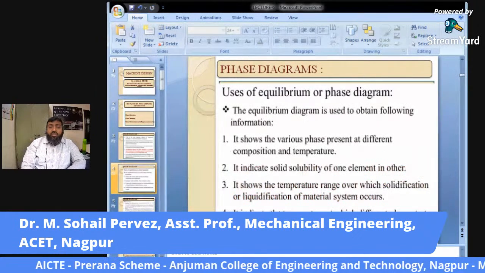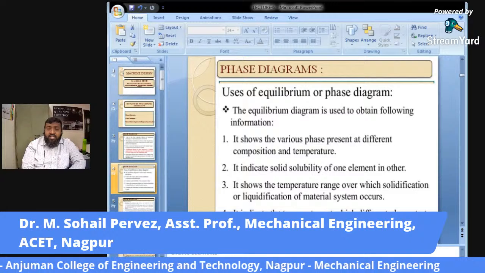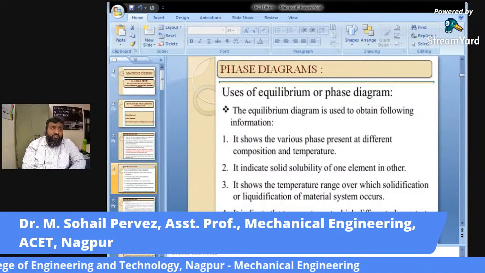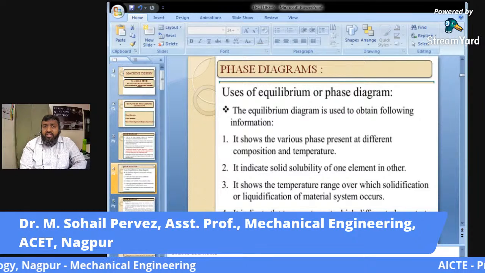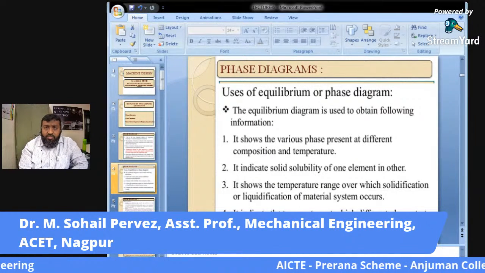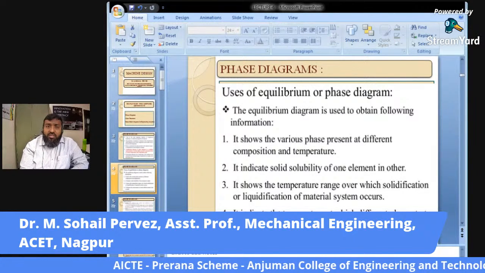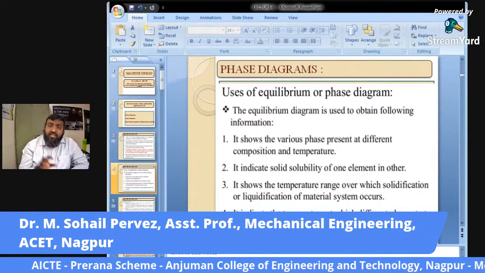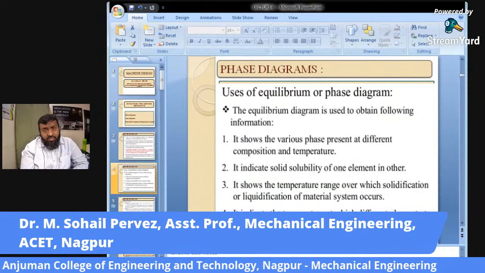Now, why do we draw equilibrium or phase diagrams? It shows various phases present at different compositions and temperatures. This is the most important part in getting the characteristics of a metal as well as non-metal, as to how its composition will be affected by the change or rise in temperature.